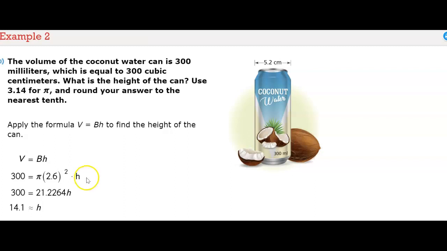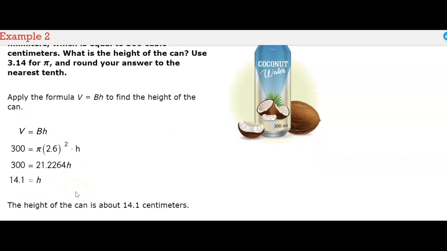And the height is, we have to divide 300 by 21.2264, and you get approximately 14 1/10 as the height. So the height can be about 14 1/10 centimeters.